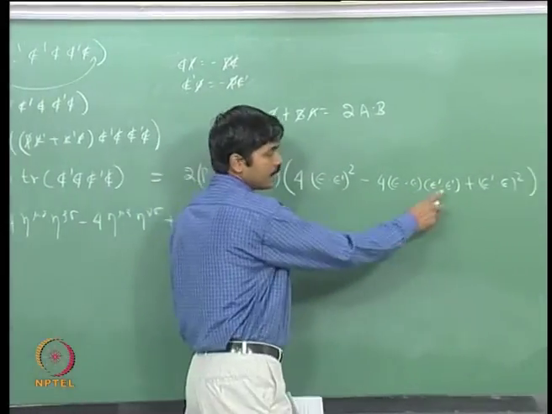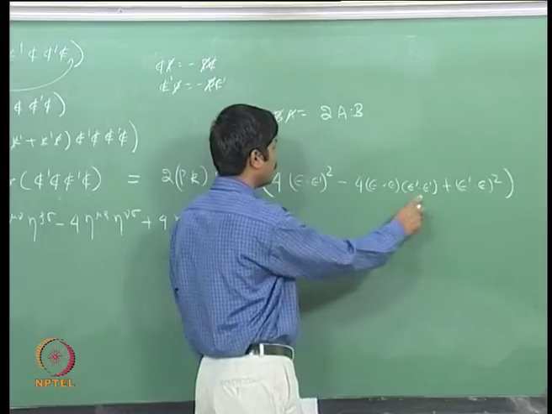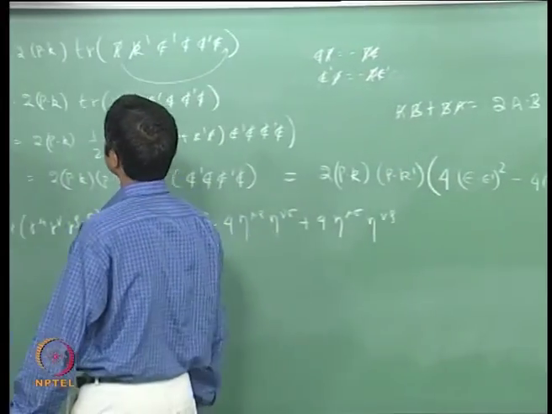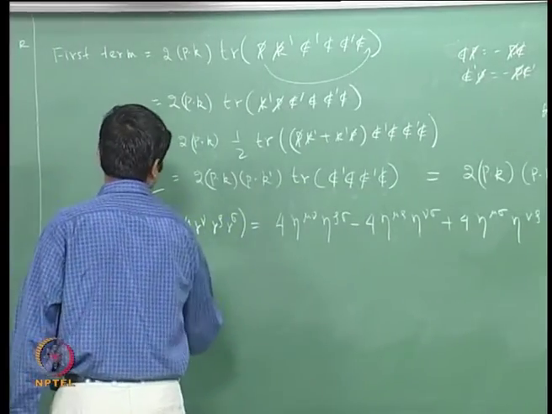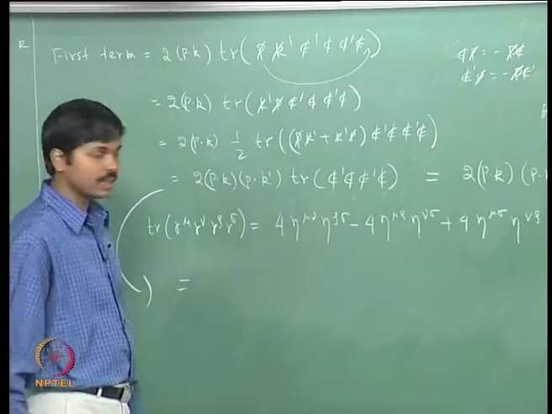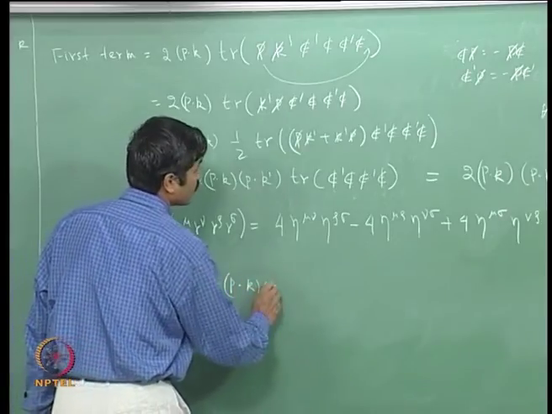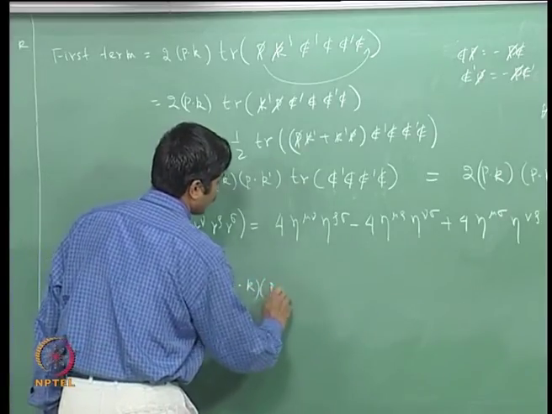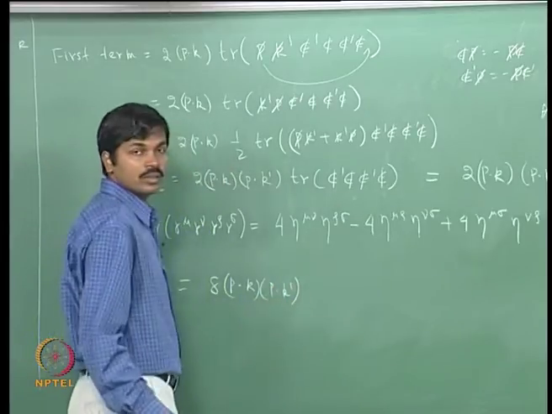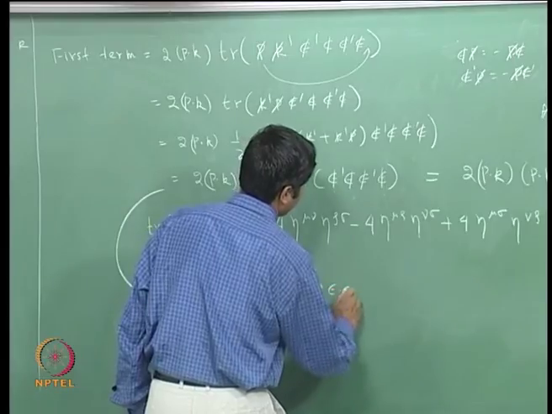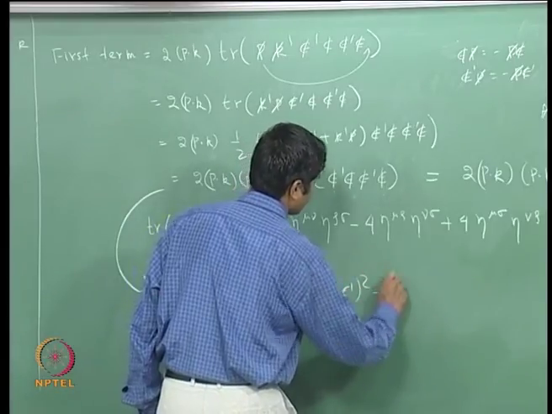What is this quantity here? This is 1, because epsilon dot epsilon is minus 1. So, therefore, this term here is evaluated as 8 p dot k prime times twice epsilon dot epsilon prime whole square minus 1.